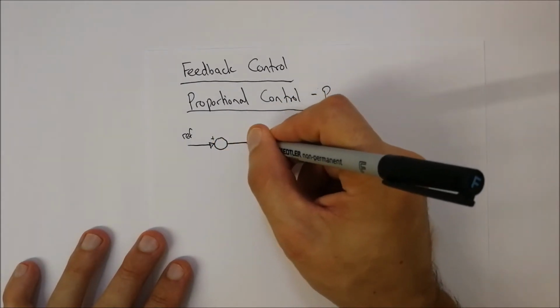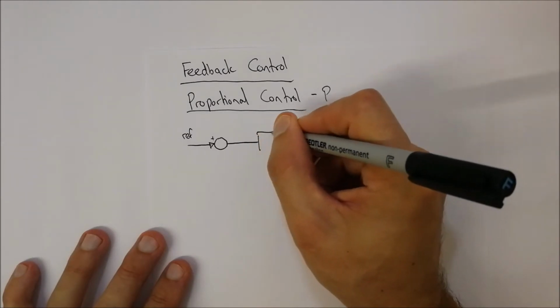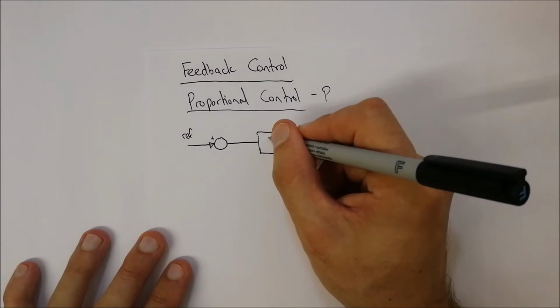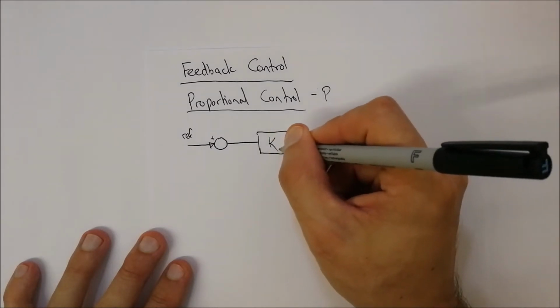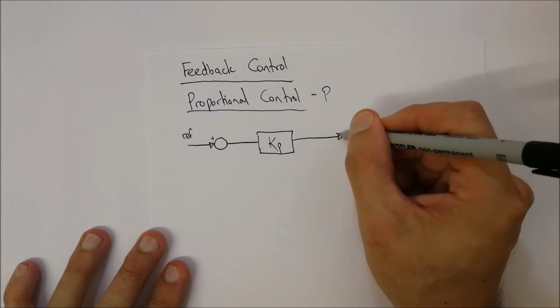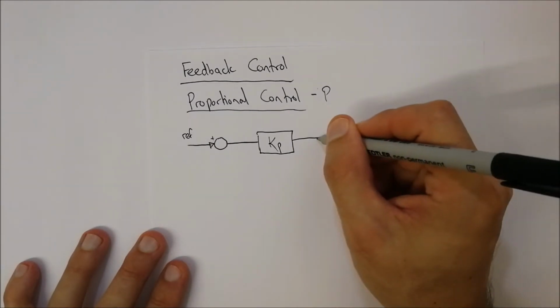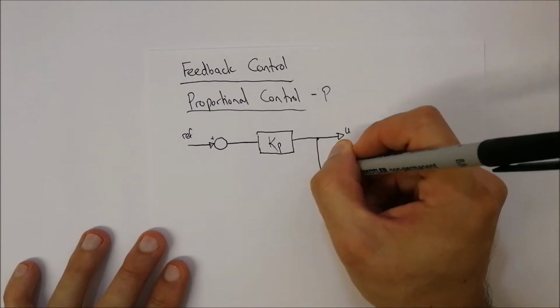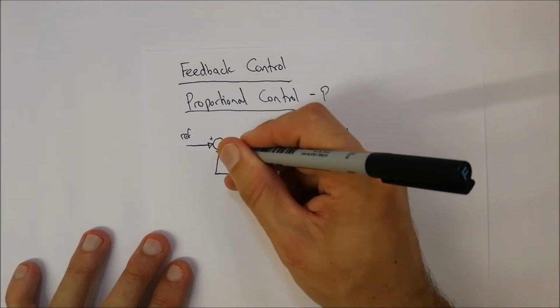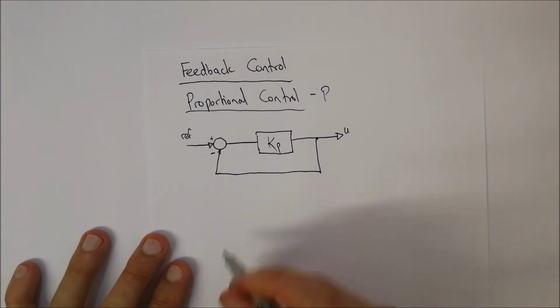It comes through to some plant, or what we'll have as a constant. This will be Kp, and then that will come out to an output U. And then we will have this feedback coming back to this adder being subtracted.